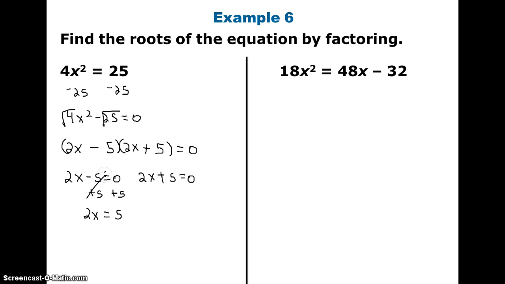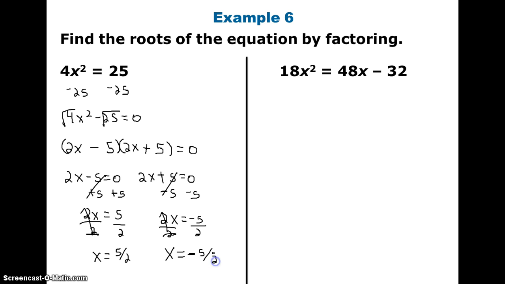This cancels. And divide by 2. This turns into a 1. So x equals 5 over 2. For the next one, subtract 5 from both sides. Cancels. So negative 5 divided by 2 turns into a 1. So x equals negative 5 over 2.